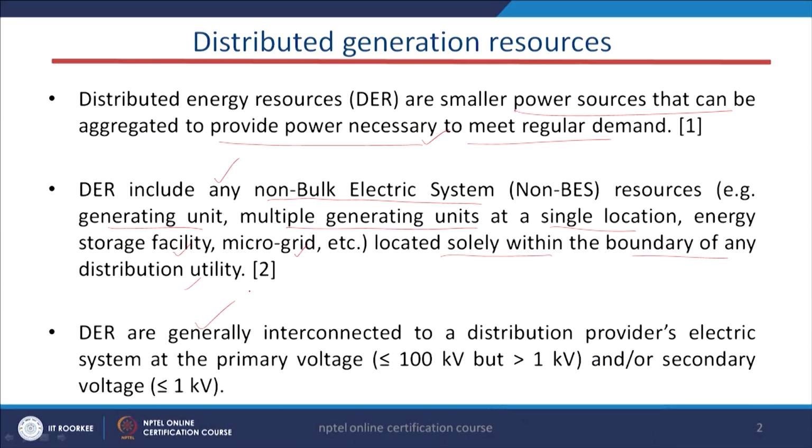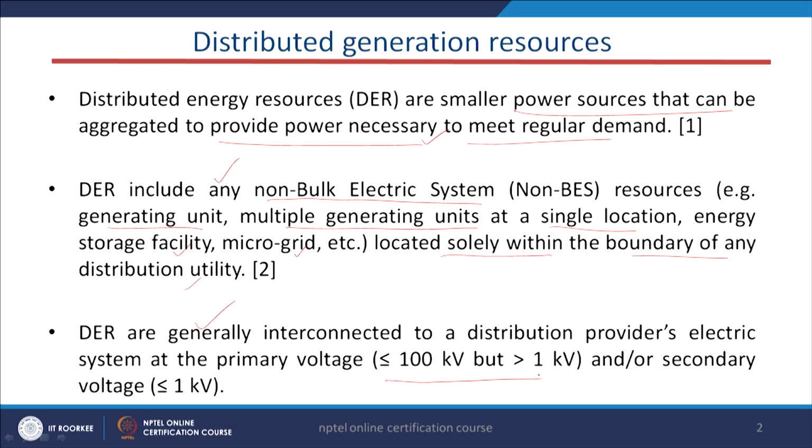So those energy resources are basically renewable sources and also storage devices. Together we call them distributed energy resources. And a DER is generally interconnected to a distribution system in the voltage range of 1 kilovolt to 100 kilovolt.